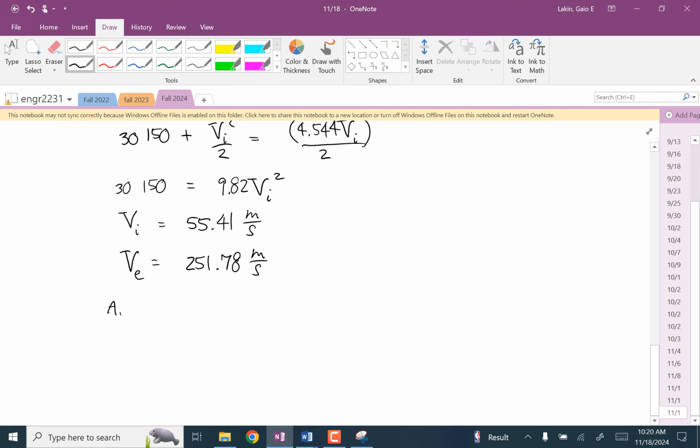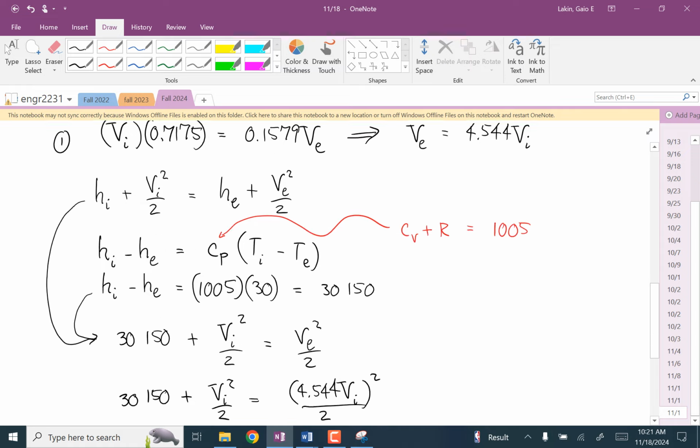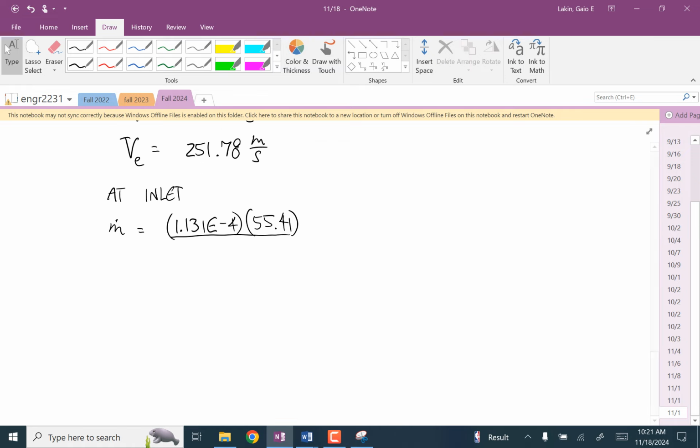And so at the inlet, we have that the mass flow rate is equal to the area, 1.131 times 10 to the minus fourth, times the speed, 55.41, divided by the specific volume, 0.1579.